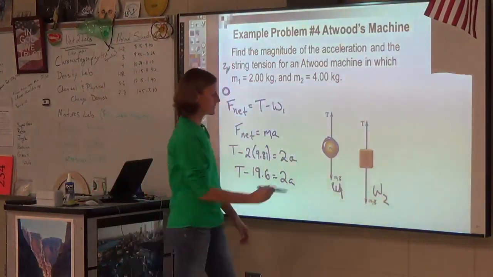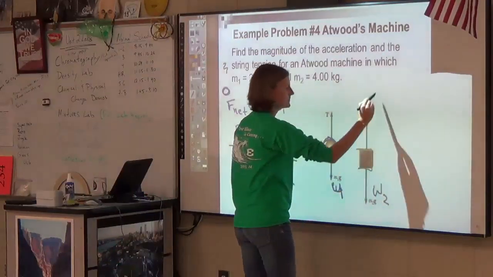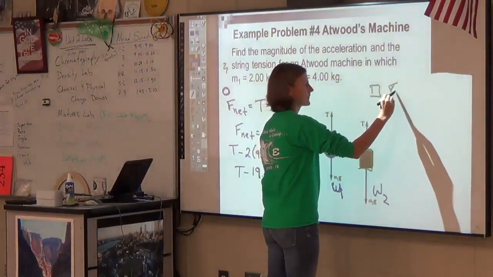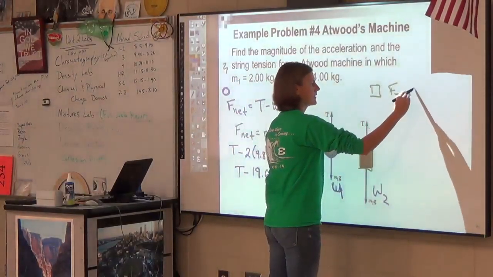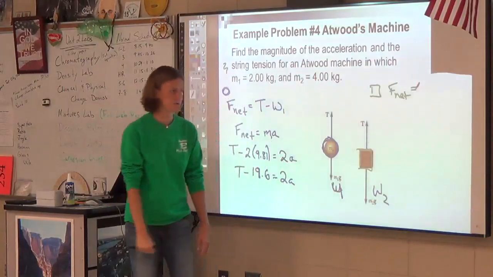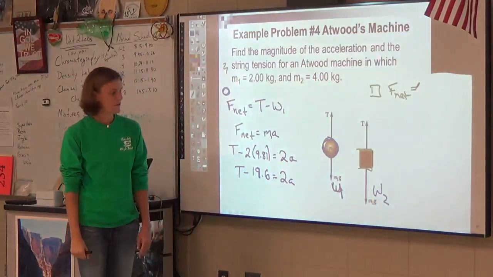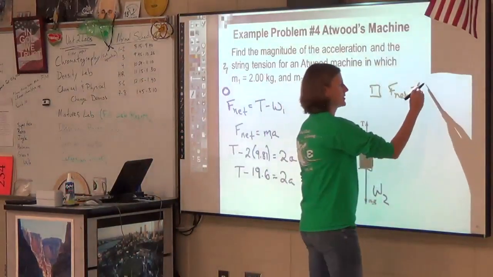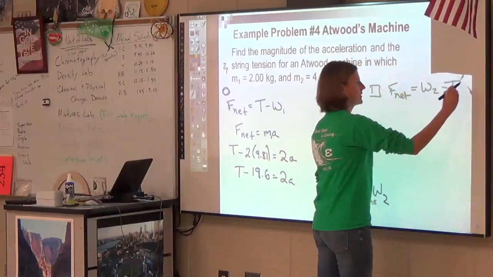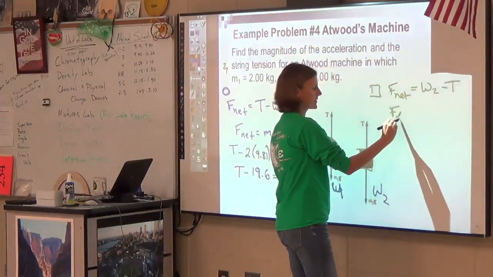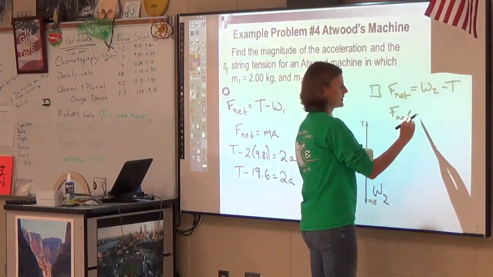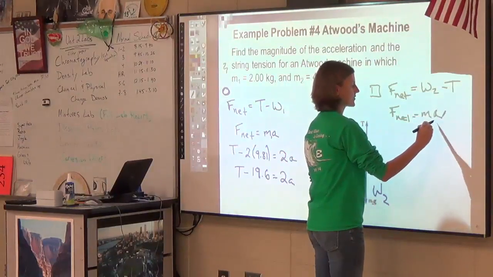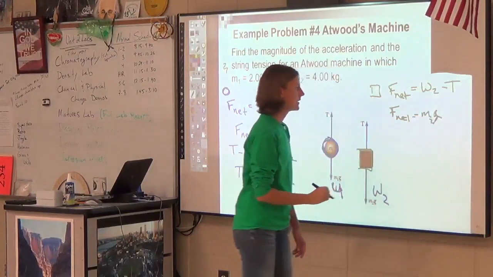Okay, now let's do the same exact thing for the square. According to the drawing, the net force is equal to what? Good. This time weight's bigger, so weight 2 minus tension. And of course, we also know Newton's second law, ma, but make sure we're just plugging in mass 2.